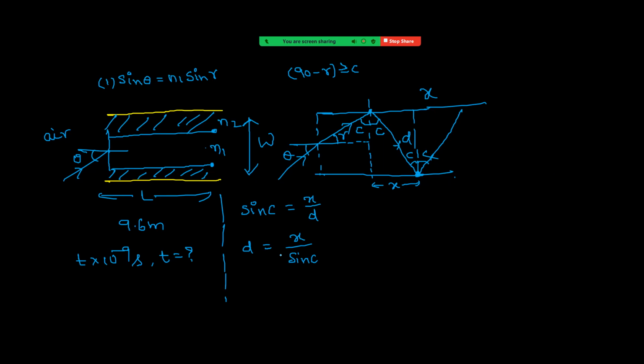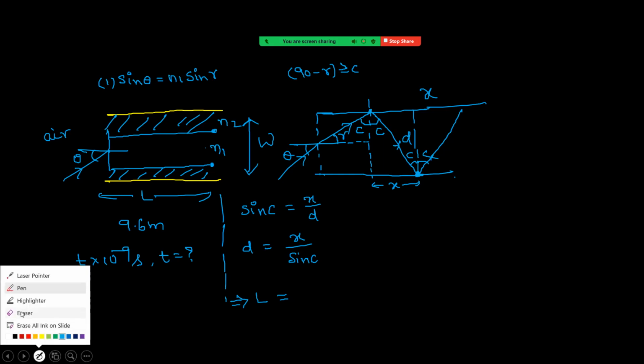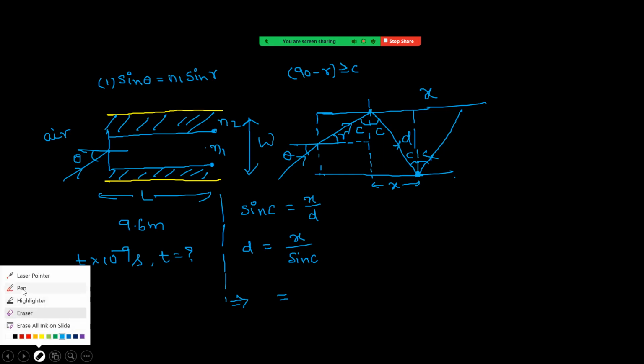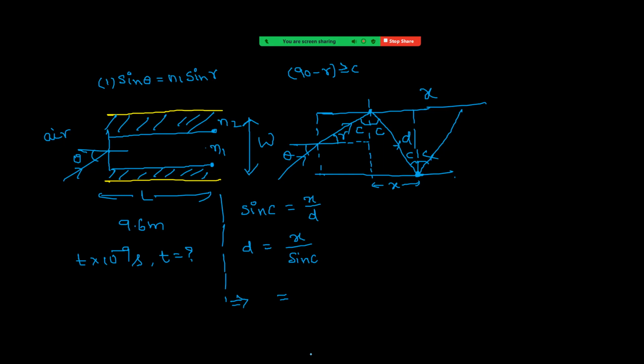So the sum of all x values gives us L. I'm writing here distance traveled dt. Distance traveled equals L upon sin C.